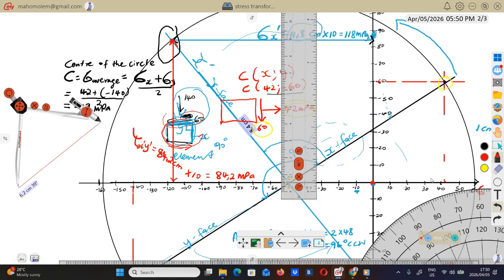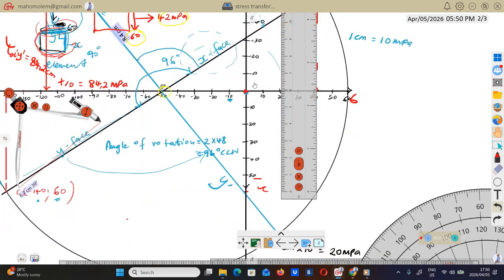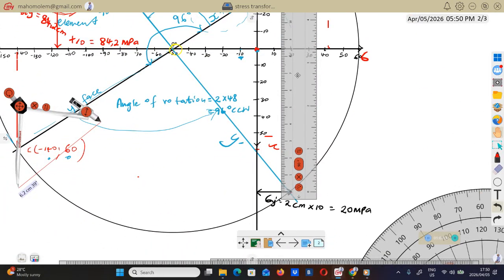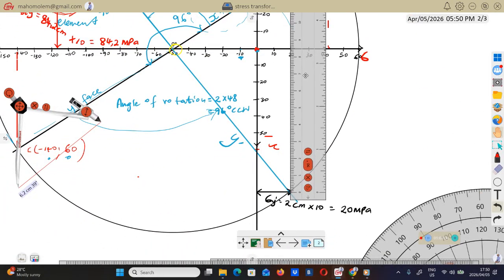That will be the shear stress. So it doesn't matter, you can even measure from here to this origin, point of origin to here, but the vertical distance from here to here is still the same thing, 8.4.